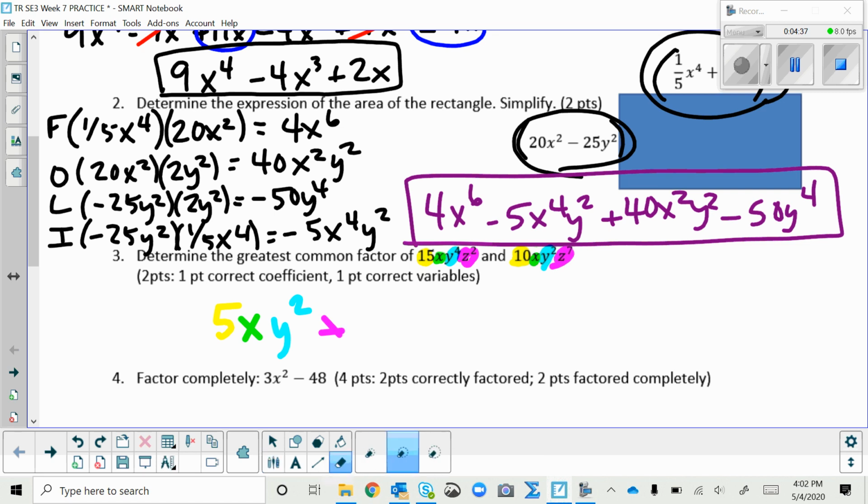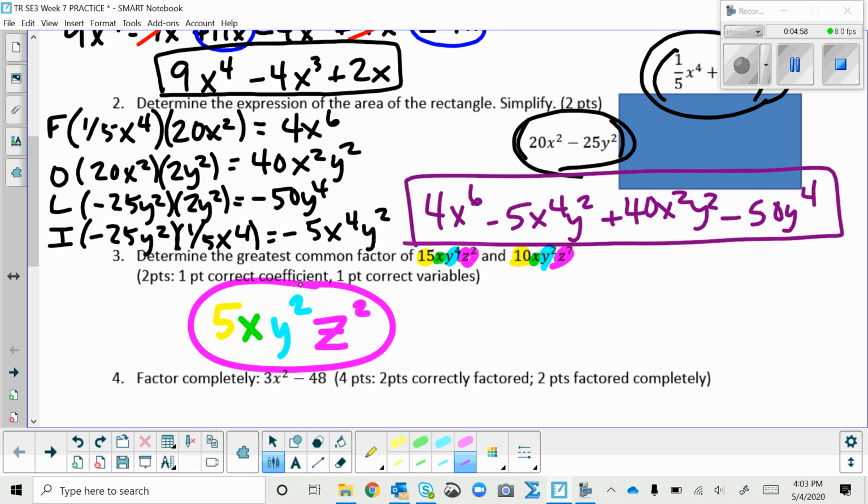Dang it. Stop it. Stop whatever you're doing. Oh, there we go. Z squared. That's quite a pretty answer. Don't you think that's a pretty answer?